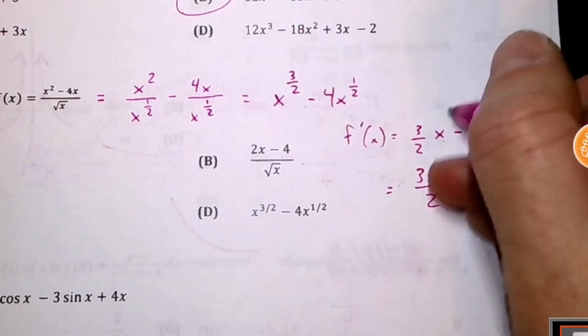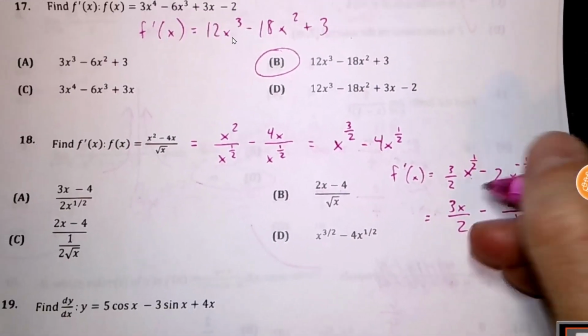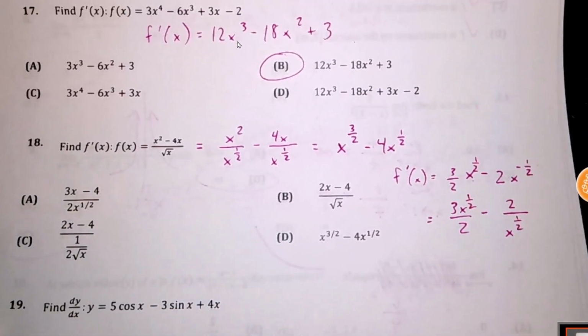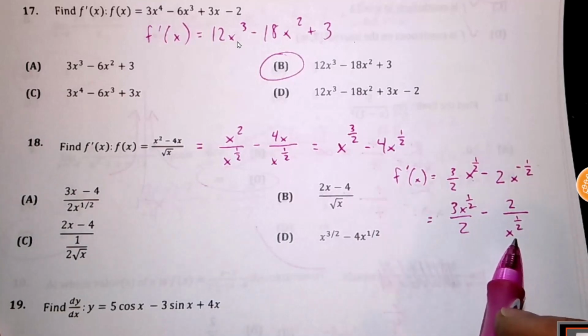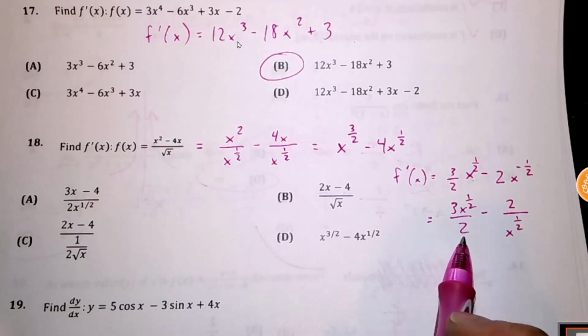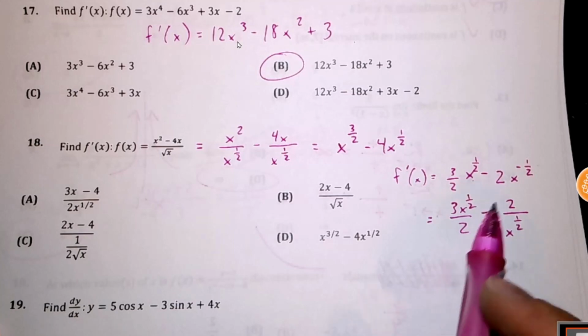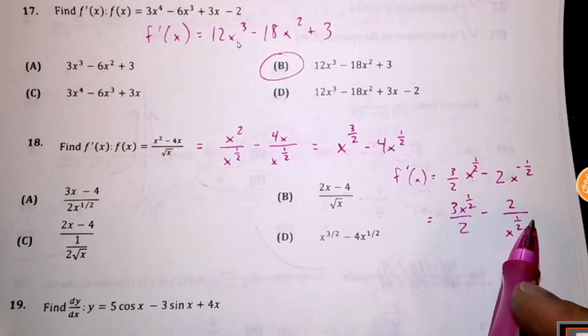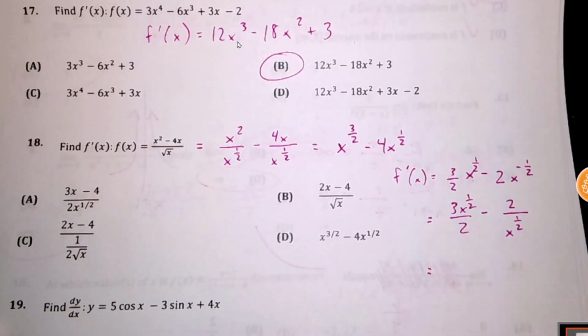Okay, so he's actually 1/2. So now he needs to give this guy an x to the half. Okay. If we give him an x to the half, he needs a 2. Okay, so let's give them an x to the half.